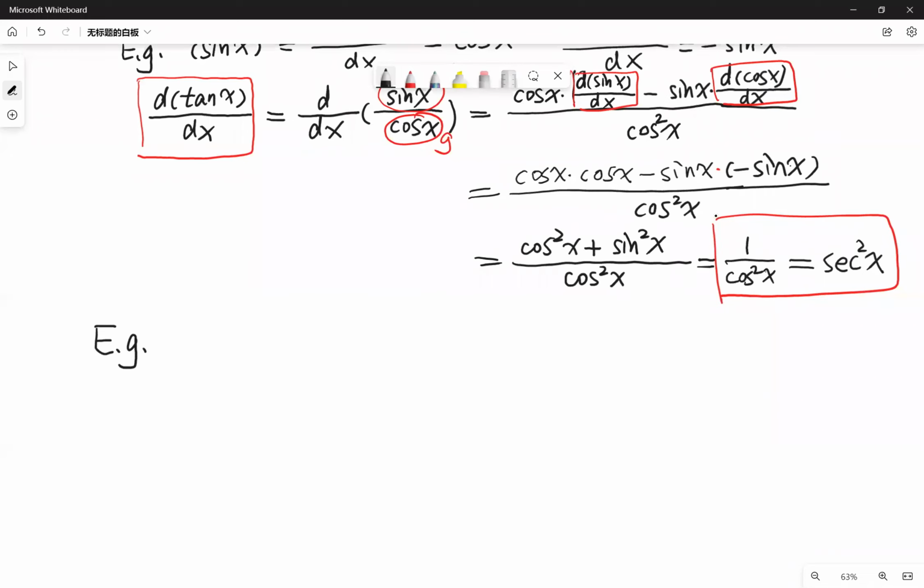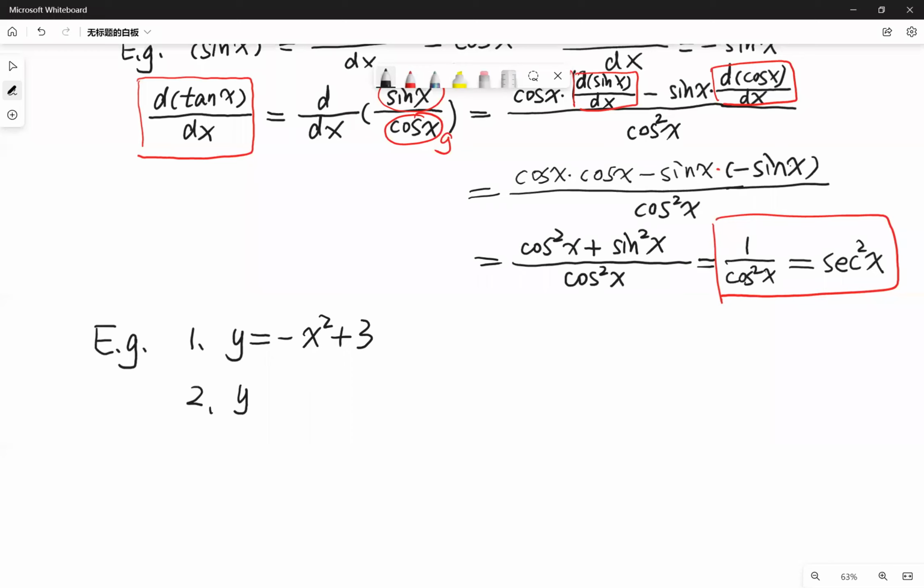Make use of the differential rules here. The first is y equals minus x.